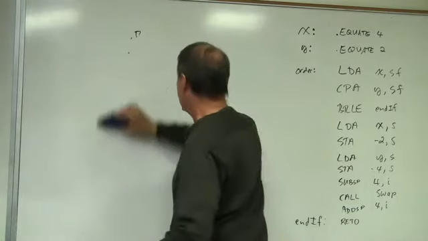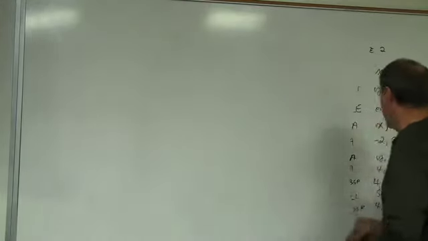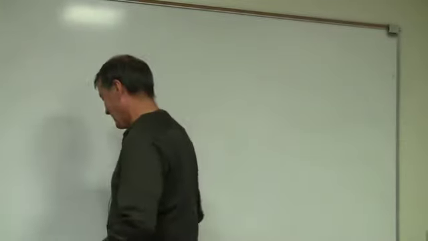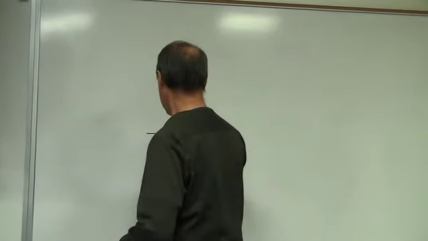Well, it's trickier because you can't just give it an address, because the address for the local variable is stack relative. This is the one area that's really interesting. So think of it like this.